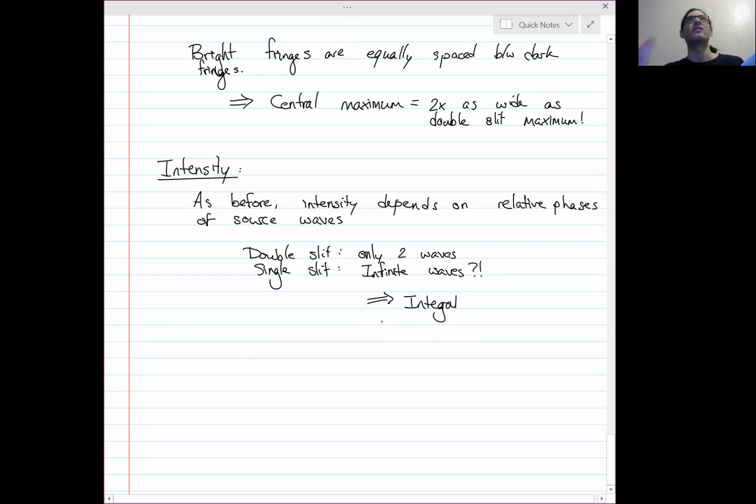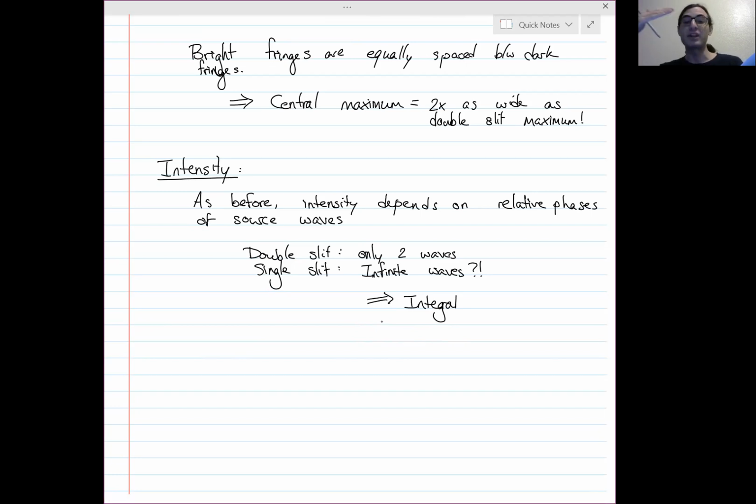But the point is for the double slit case, we take the 2 waves and add them together, and that gives us an amplitude as a function of position, and then we square it to get the intensity, effectively how the intensity relates to the maximum intensity.